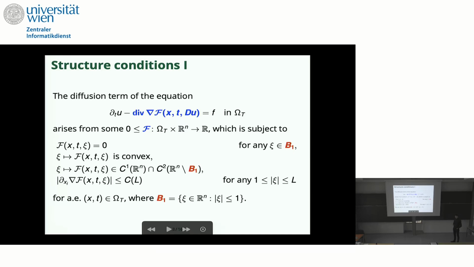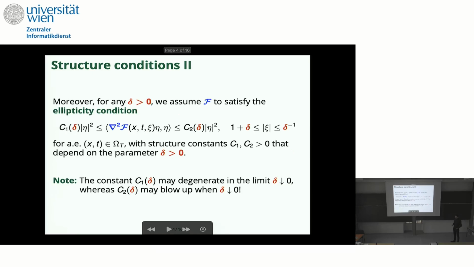We need some ellipticity or coercivity, and this is the second condition we need, which is quite general. So let's consider some small positive δ, usually in (0,1). And what we assume is that we can control the smallest eigenvalue of the Hessian of F from below by some constant C1 that is going to depend on this δ, and also we can control the largest eigenvalue from above by some constant C2 depending on δ.